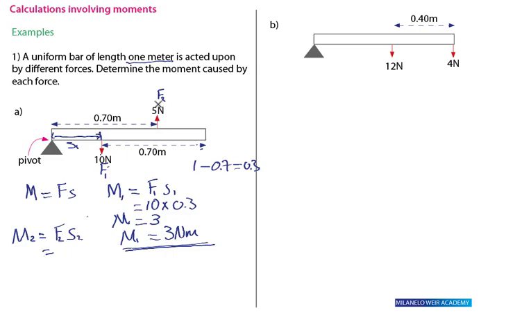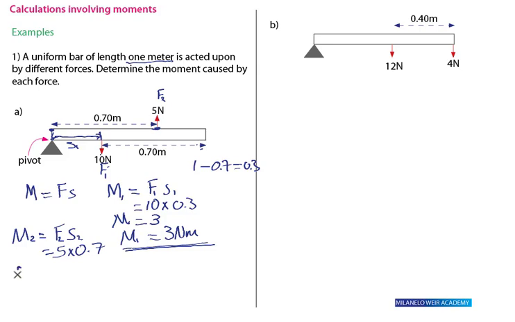F2 is 5. How far is it from the pivot? Here is the force, I see it. Here is the pivot. So I'm looking for this length. The good thing is it is already clearly shown that it is 0.7.